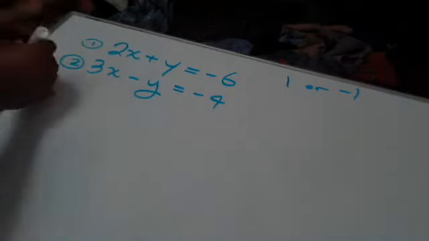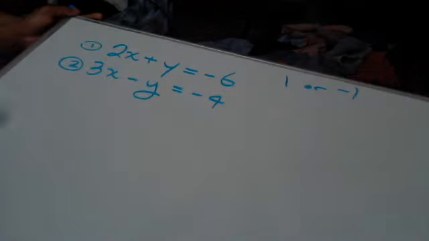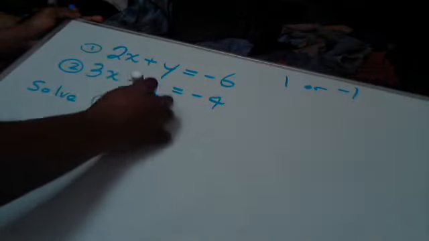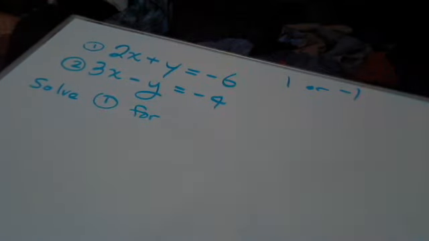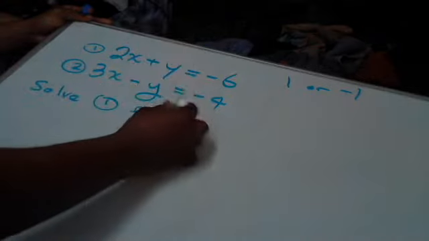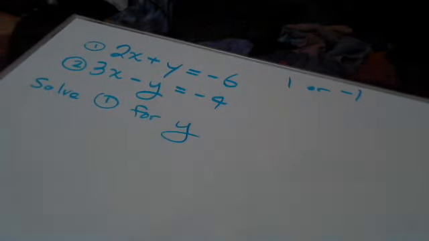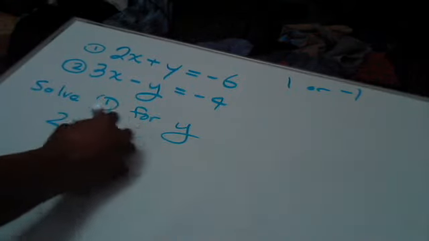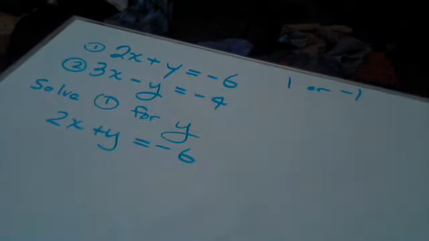So what I'm going to do, and I'm going to give this complete with instructions in a way, I want to solve equation 1 for, now this is where this comes in. Whichever equation has the variable with a coefficient of 1 or negative 1, we want to solve for that variable. So here, equation 1 was best. We want to solve that for y. So I'm going to bring equation 1 down over here, which is 2x plus y is equal to negative 6.